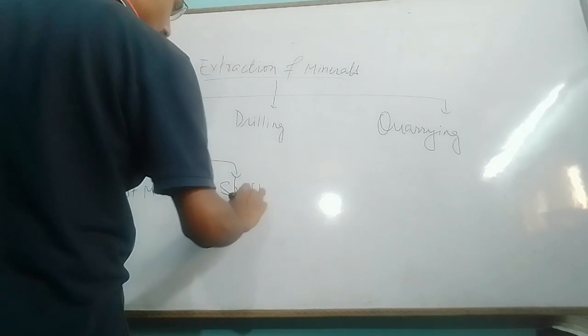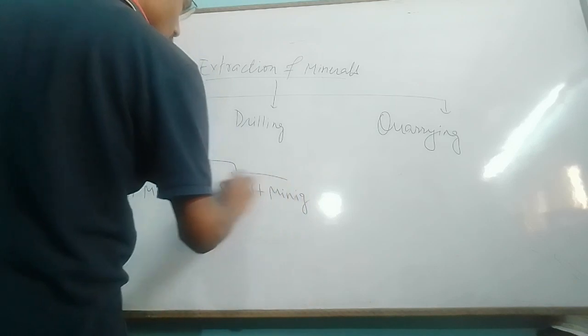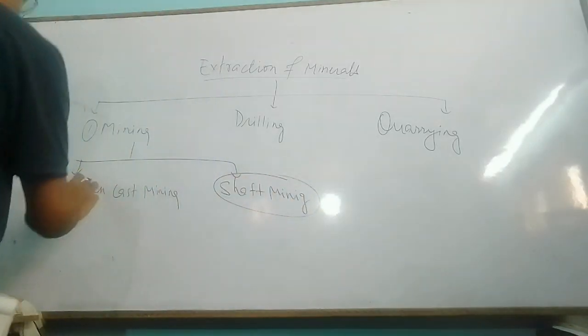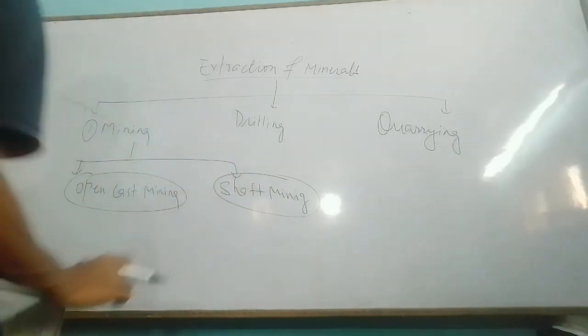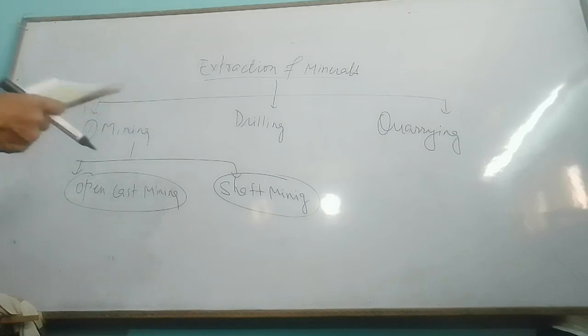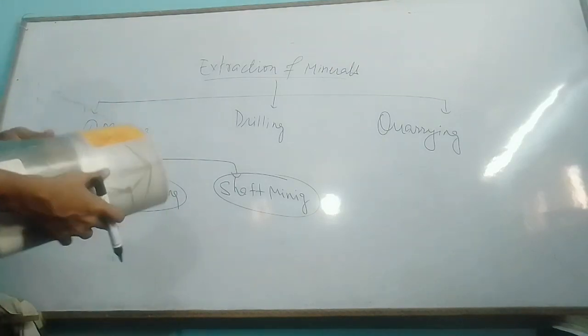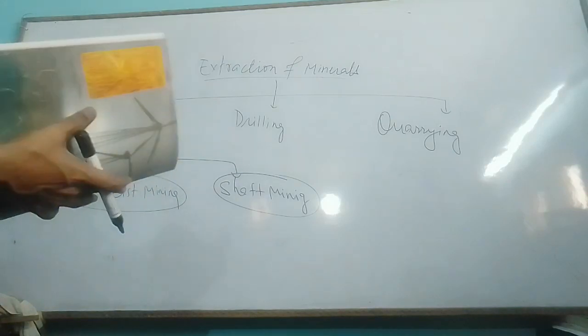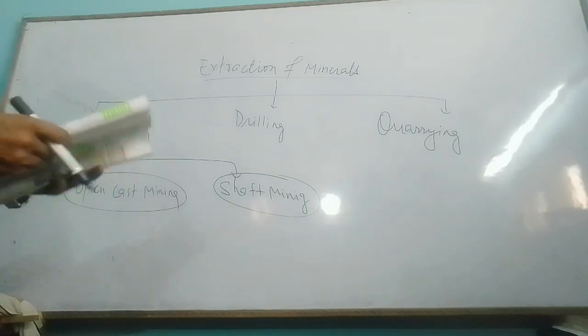So these are the two processes of mining: open cast mining and shaft mining. Okay, clear है? So this is the extraction of minerals.